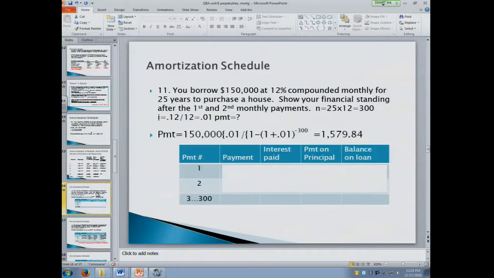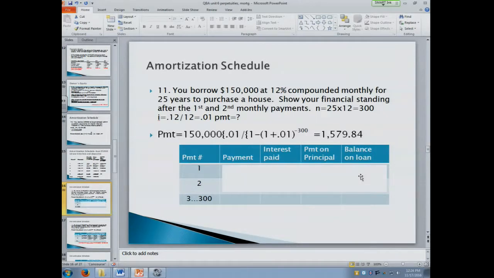And then I want you to do number 11. I want you to calculate the payment, and I want you to figure out the payment for the first 2 periods, the interest paid for the first 2 periods, the payment on principal, how much goes towards the principal, and the balance on the loan.